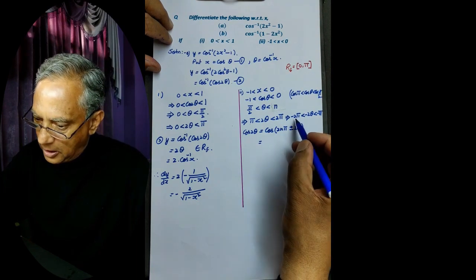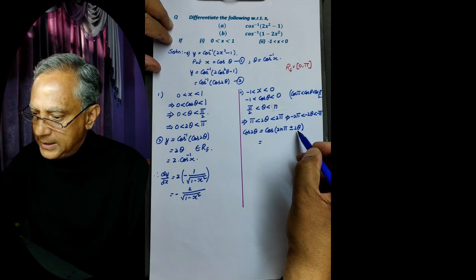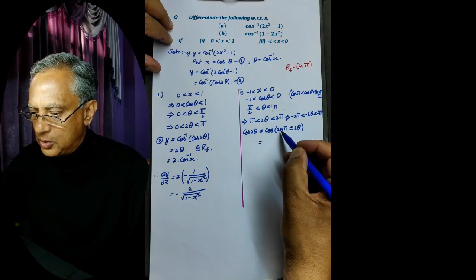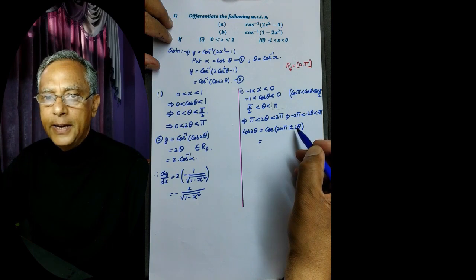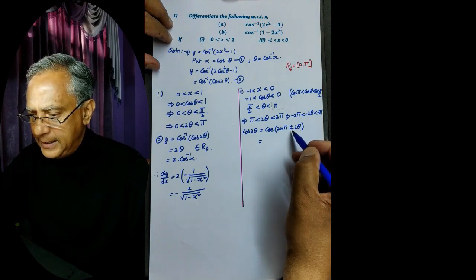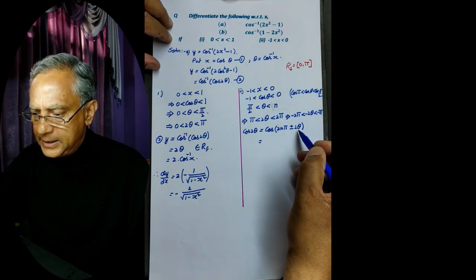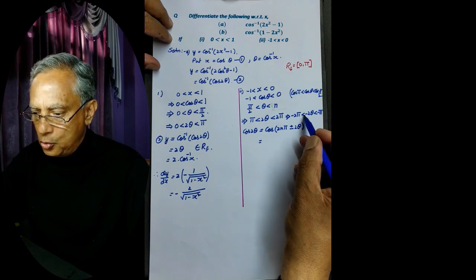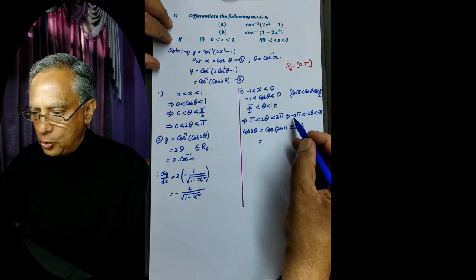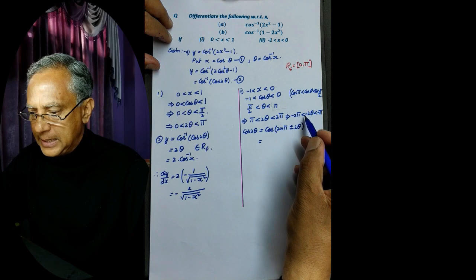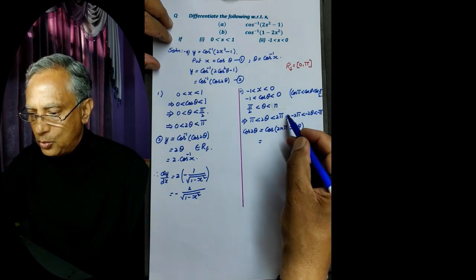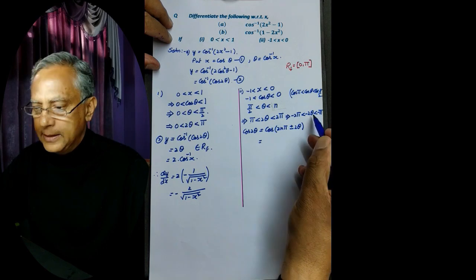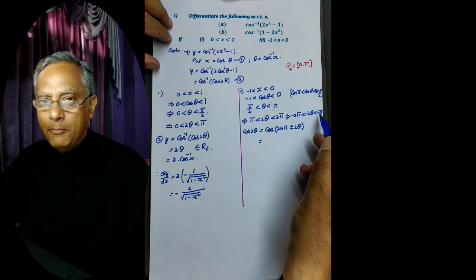So this will now be 2 pi minus 2 theta, n equal to 1. If I take the positive sign, it is not within the range. But if I take the negative sign, this will be 2 pi minus 2 theta. Now 2 pi minus 2 theta, add 2 pi here. This will be 0 is less than 2 pi minus 2 theta is less than pi. So this will now lie within the range, that is 0 to pi.